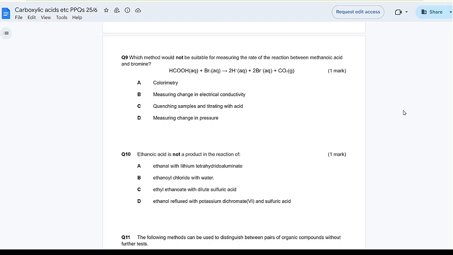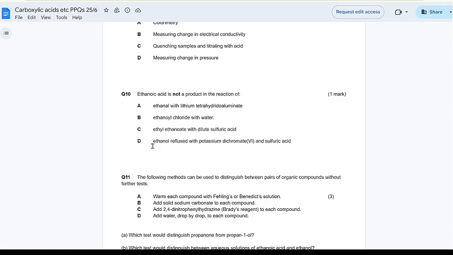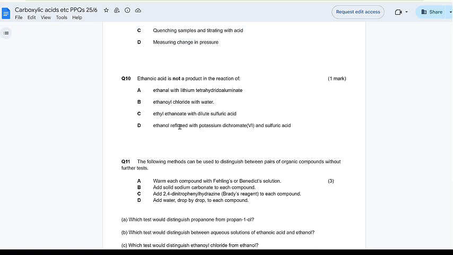Wait, why do I feel like they all could work? Titrating with acid though. Wait. Yeah, I don't think titrating acid would do a whole lot. So I'd go with C here. Just gonna check if 10 or 11 are good questions, and then I might just check the answer immediately.